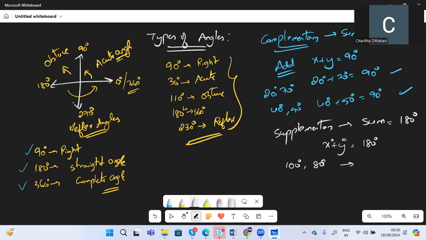Now if I give you 70 degrees, it would be 180 minus 70, that will be your 110 degrees, right? If I give you 60 degrees, it is again 180 minus 60, which is 120 degrees. So 60 and 120 are a supplementary pair, 70 and 110 are a supplementary pair, 100 and 80 are a supplementary pair. Clear?